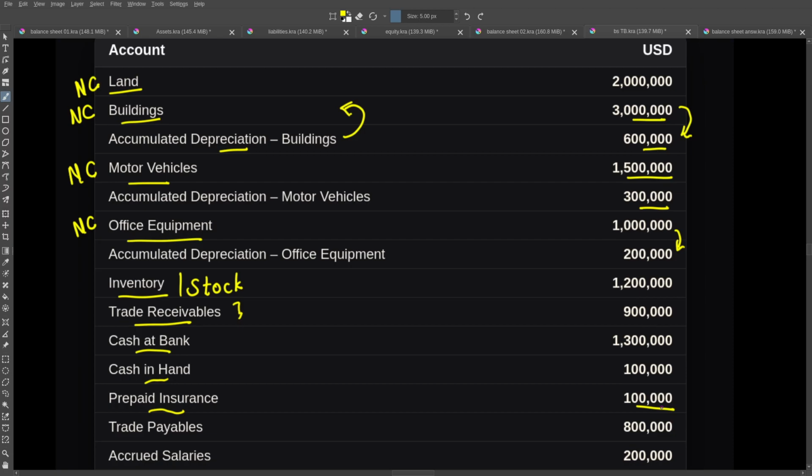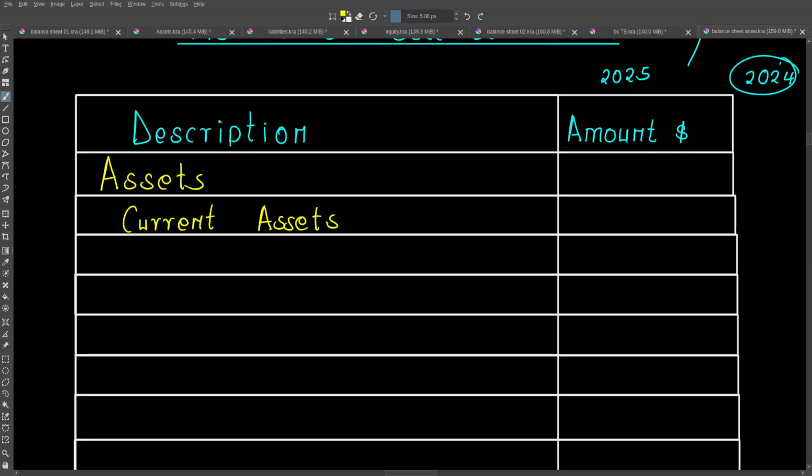When we expense it now, it is reduced from our asset. So it's something that is going to be utilized within a period of less than 12 months as well. So these are basically the current assets, okay? The current assets. So we list them.